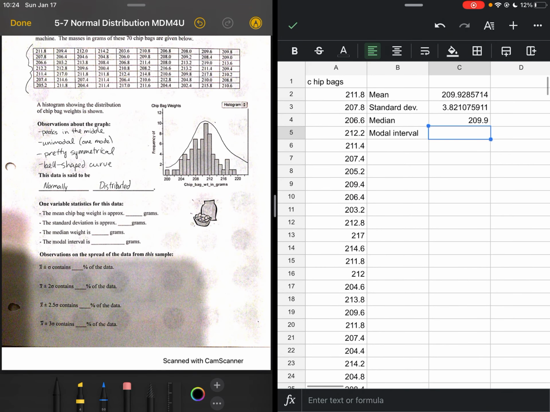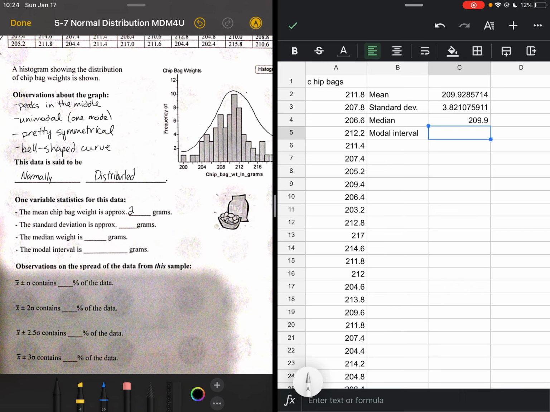So now I've got some data that I can put in here. I know that my mean chip bag is approximately 209.9 grams. My standard deviation is about 3.82 grams. My median weight is 209.9, same as my mean. And then my modal interval I can get from my table.